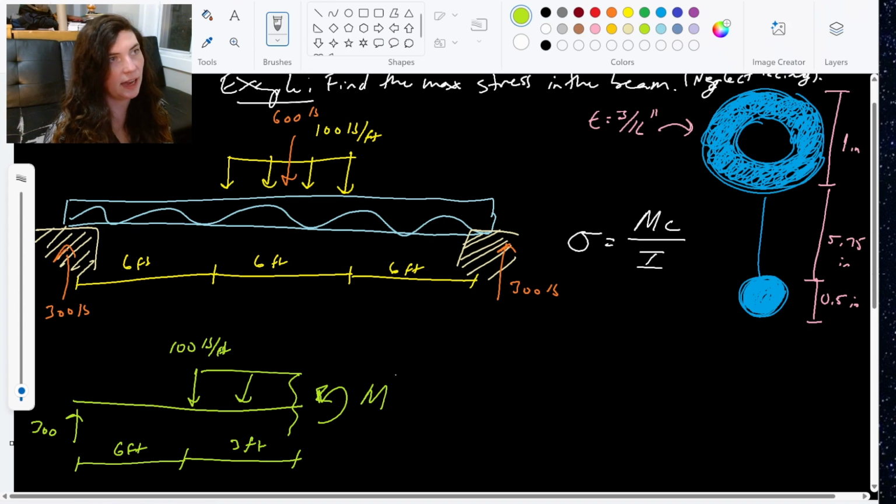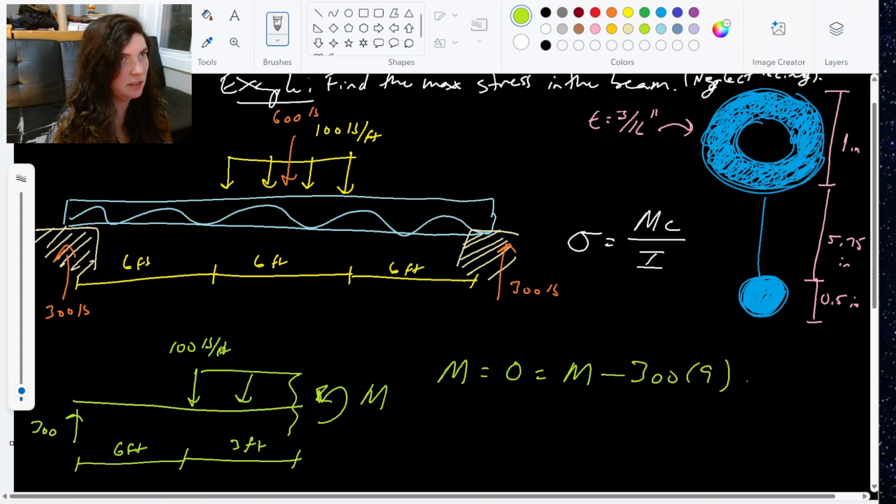So I can calculate my moment off of this free body diagram that I've drawn. So here, my moment is going to be moment minus 300 times 9 plus 100 times 3 times the resultant distance away, 1.5.